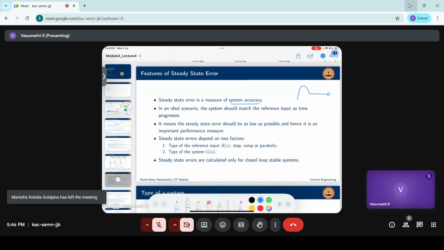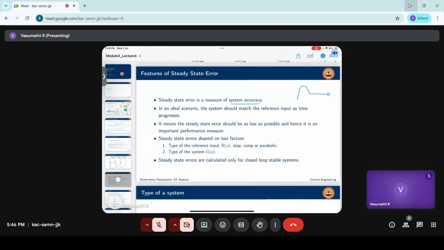It's a quantitative analysis, not like this might work, or this is good, or this is better. Not a comparative analysis. It's a quantitative measure that you can certainly state about any system. And in any ideal scenario, the system should match the reference input as time progresses. Then you can say that the system behaves well, or that it is a perfectly designed system.